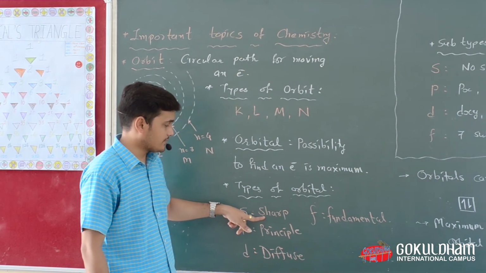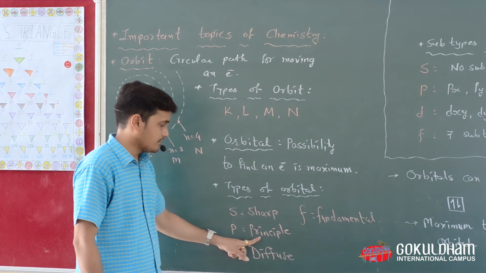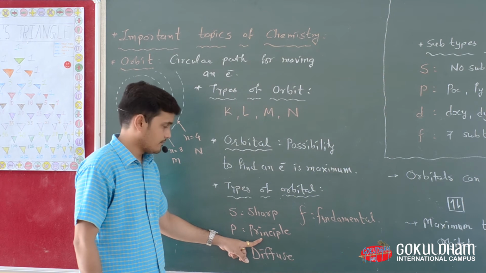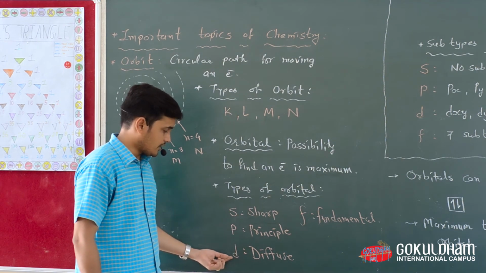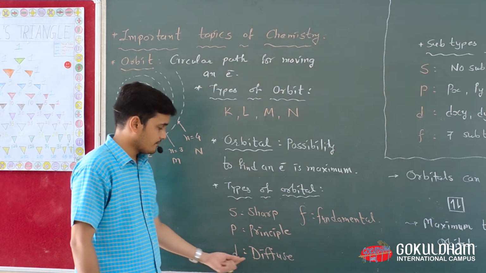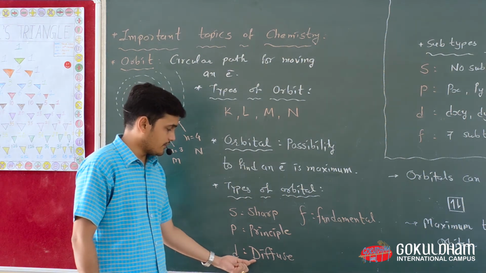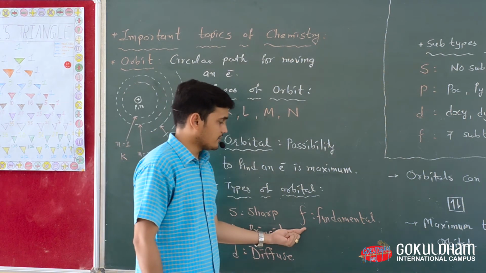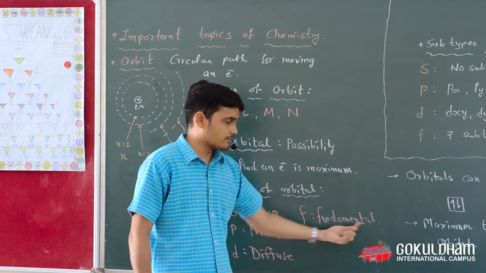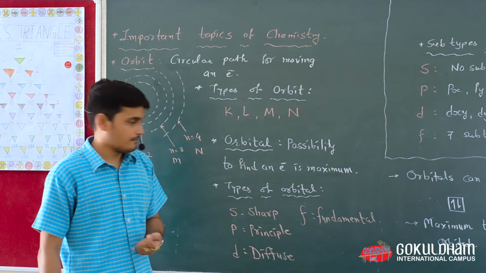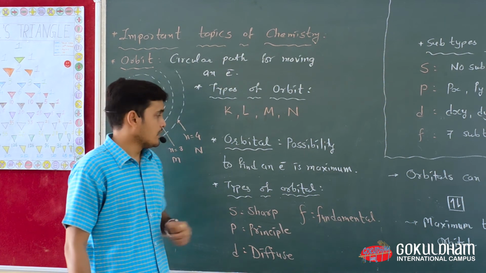The first letter of sharp is s. The p type is from principal. The first letter of principal is p. The third type is small d, which comes from diffuse. The first letter of diffuse is d, and the small f, our fourth type of orbital, comes from fundamental. The first letter of fundamental is f.